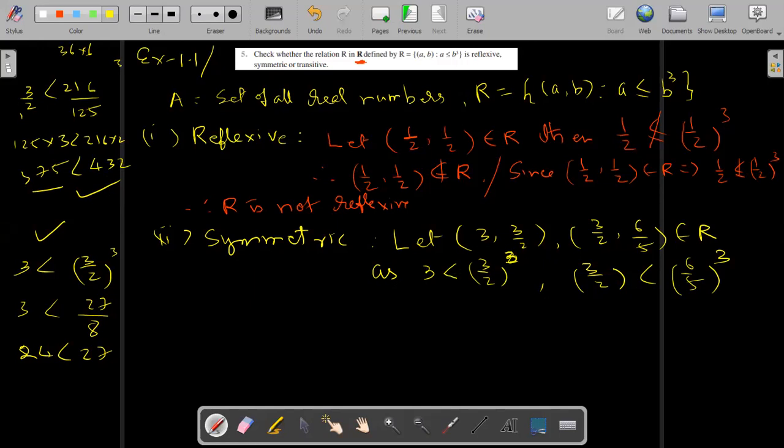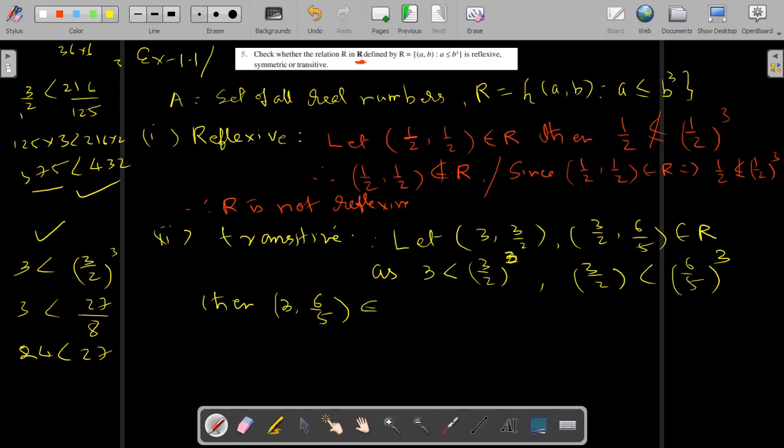I have taken transitive directly, sorry. First you should take symmetric actually, but okay, no problem. I have taken transitive first. Then we can check whether (3, 6/5) belongs to R or not.